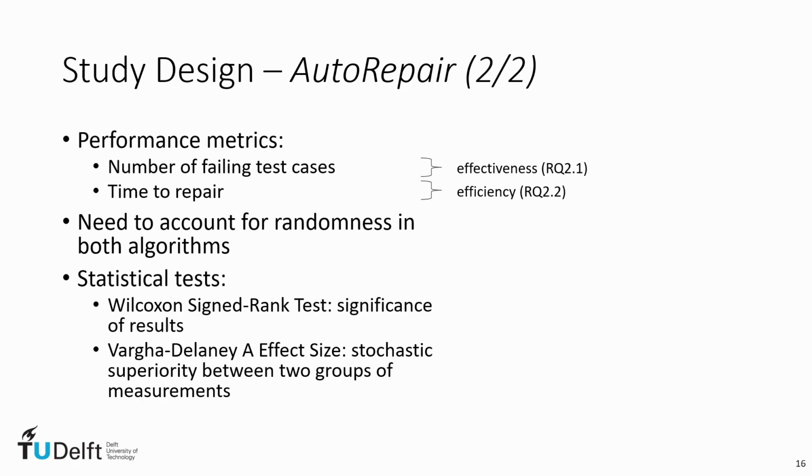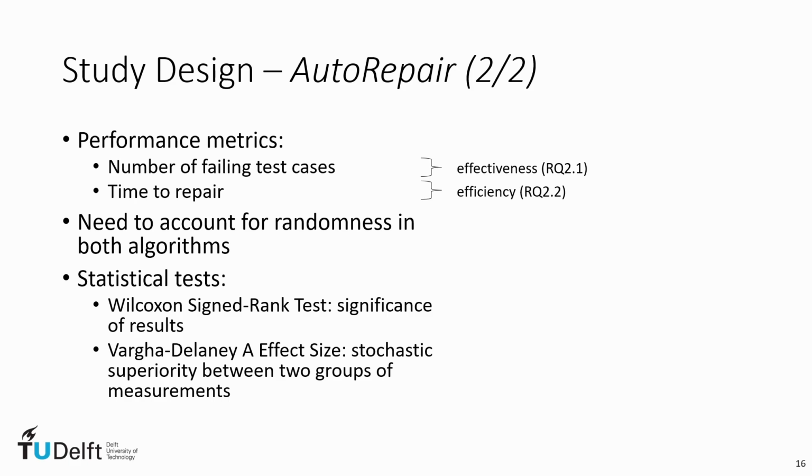One of the things about these automated repair algorithms is that they both contain randomness. In order to account for this randomness, we need to use some statistical tests. We're going to run both algorithms multiple times, and we're going to be using statistical tests. First, we use the Wilcoxon signed rank test, which will determine the significance of the results.